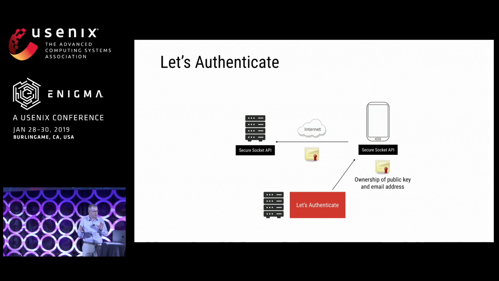Now, this has some different properties compared to the previous solution we showed you. First of all, if I lose my phone, well, I can easily replace that with a new phone and reprove ownership of my email address, get a new certificate, and still have access to my account. So that has some nice properties for users.